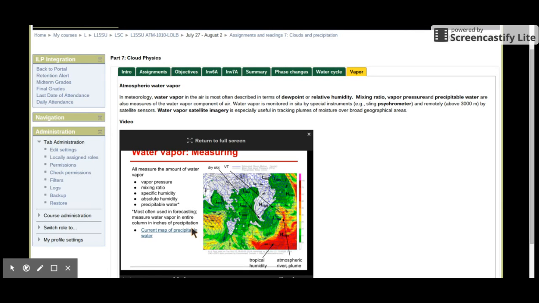All of this is measured in millimeters. This is actually associated with the front that is forecast to move through Monday afternoon on August 3rd. You can see this elongated frontal structure of high values of precipitable water, and that is associated with these high values of 3-hour precipitation.